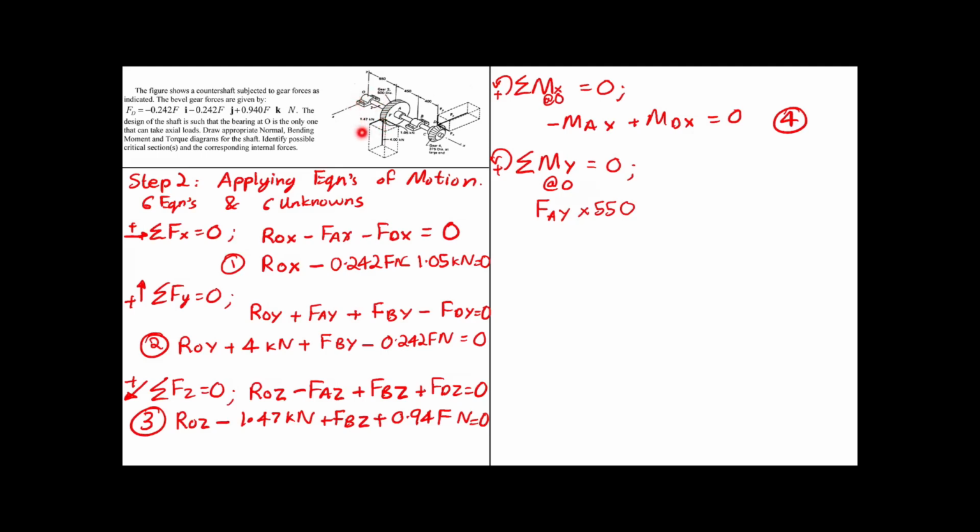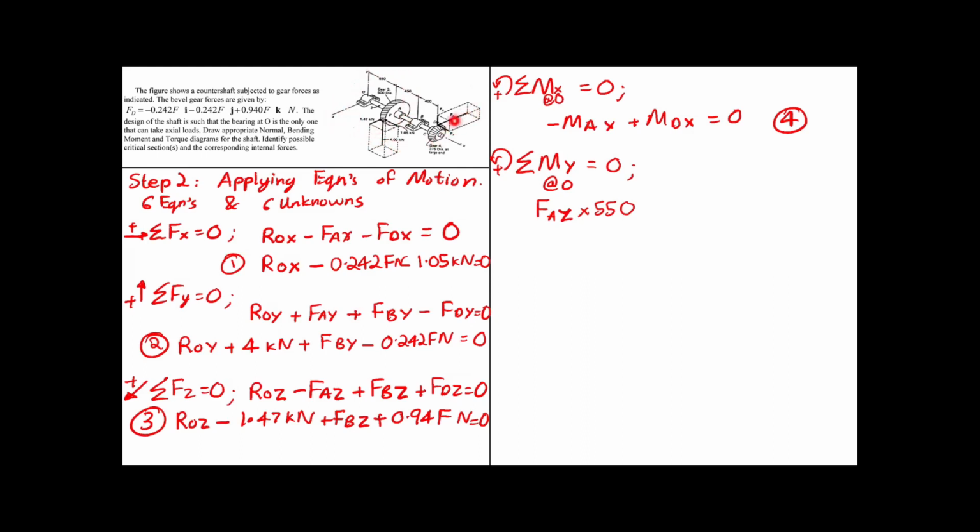So FAZ will have a moment about O in the y-axis.